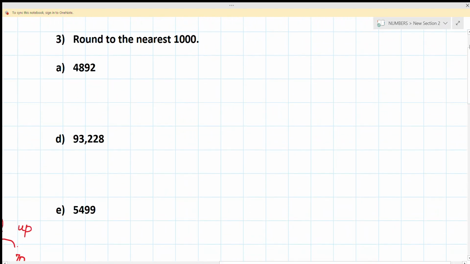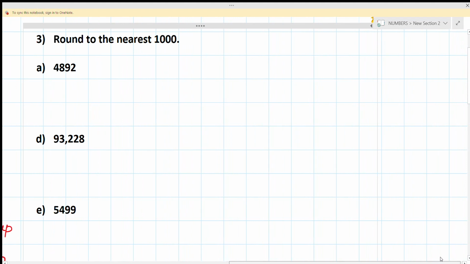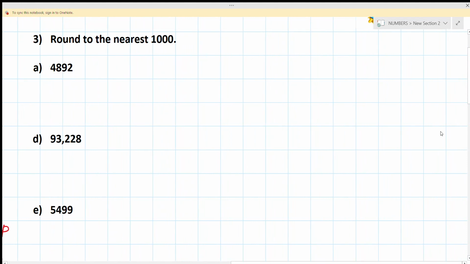In this Roman letter, we are going to change the given number to the nearest 1000. As we followed to change to the nearest 10 and 100, we are going to follow the same steps. The difference here is that we are going to find the multiples of thousands. So we'll do the first sum now. The given number is 4,892.